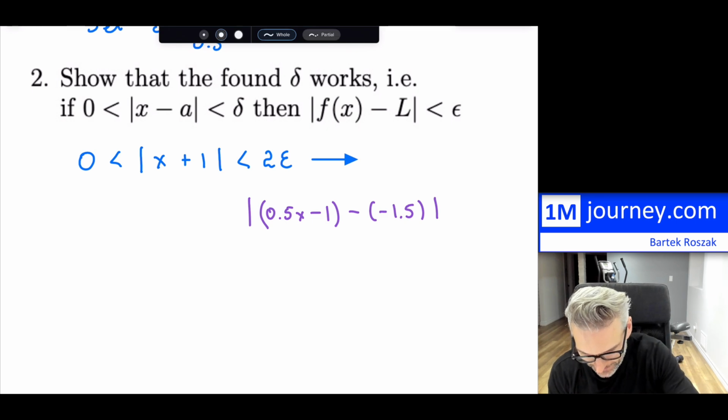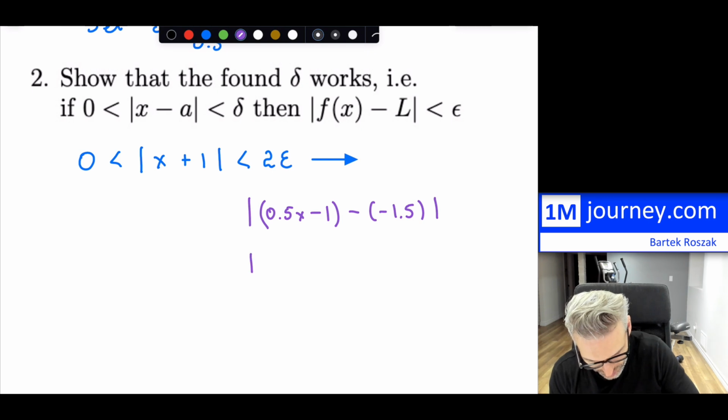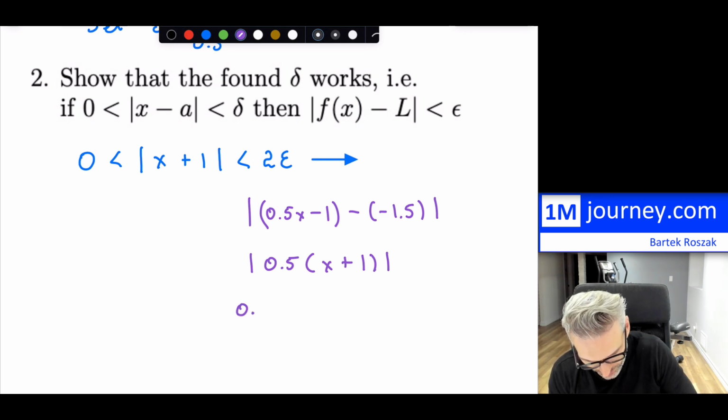And I'll get rid of that blue bracket there. So we have this, and of course, this was simply equal to 0.5, and this was x plus 1. Okay, so I'm just simplifying this. The 0.5 comes out. Could have taken it out right away, x plus 1.